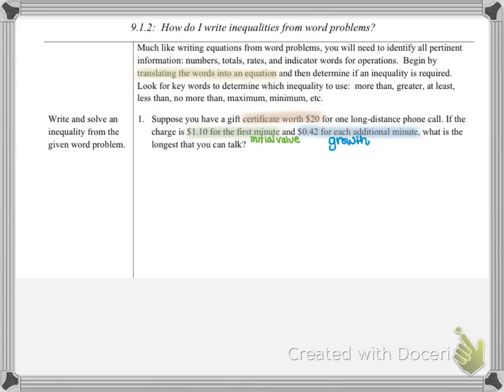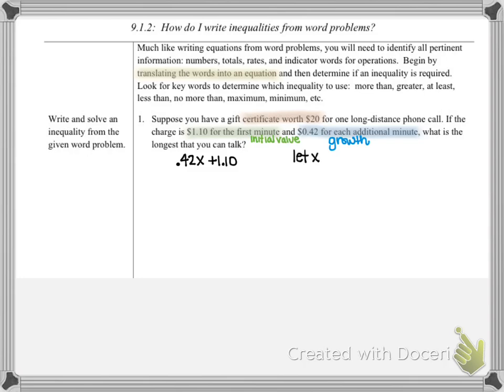So I think what I'm going to do is write out what I know, and then I'll identify some variables in just a minute. So I would say that I am starting with $1.10. So that's going to be my y-intercept, or my beginning value. And then I am going to increase by 42 cents for every additional minute. Okay, so I'm going to identify my variable here.